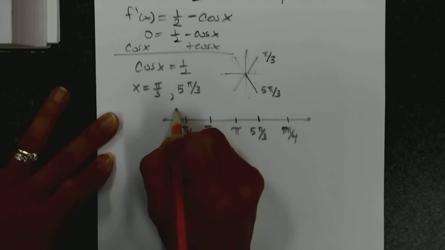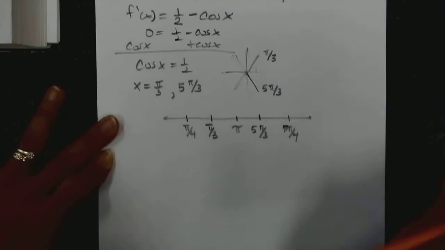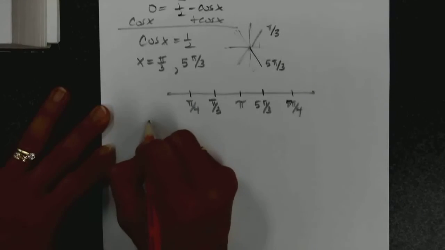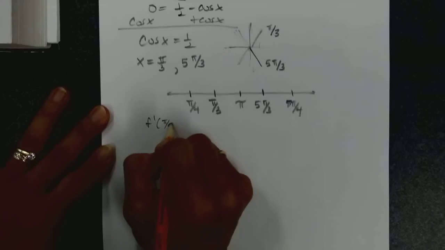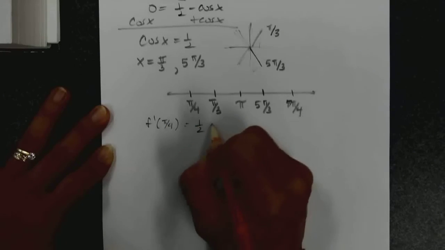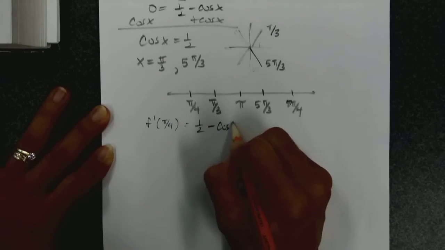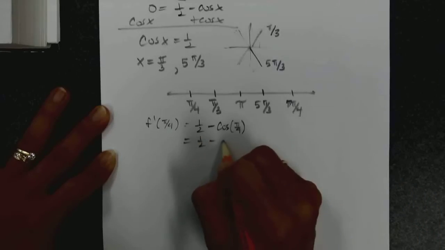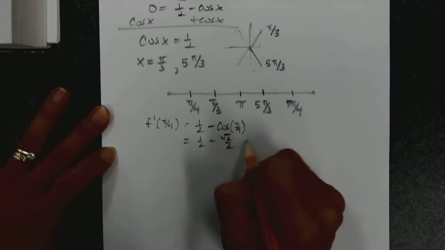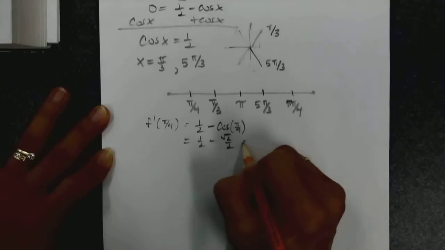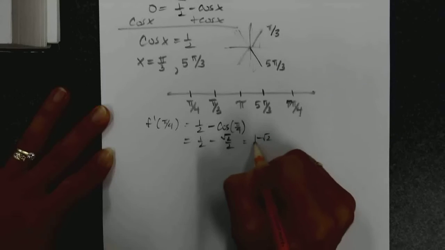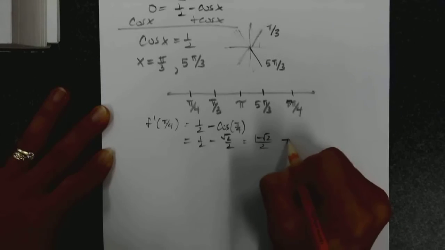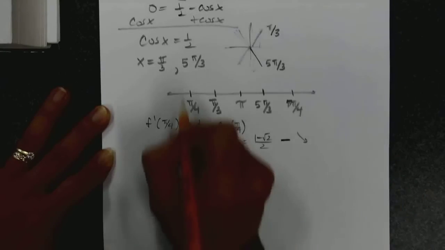All right, so then to find the derivative at pi over 4. So f prime of pi over 4 is equal to 1/2 minus the cosine of pi over 4. Well, cosine of pi over 4 is square root of 2 over 2, which then makes it 1/2 minus the square root of 2 over 2, which makes this a negative value, so it's decreasing.